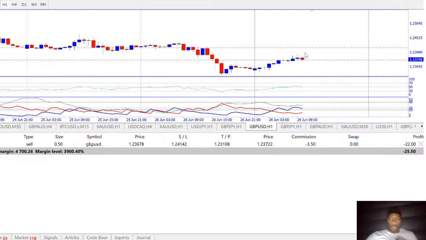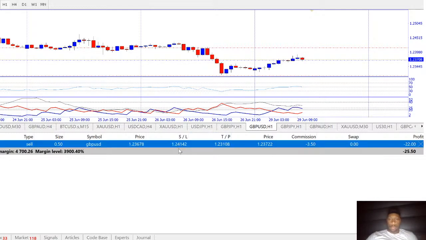So right now I'm taking one sell position. I have my stop loss at 1.24142. Take profit at 1.2318, or you can adjust to take profit as you go. Now I send to Telegram.